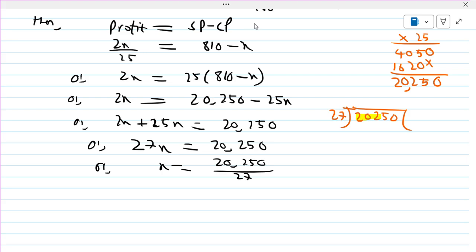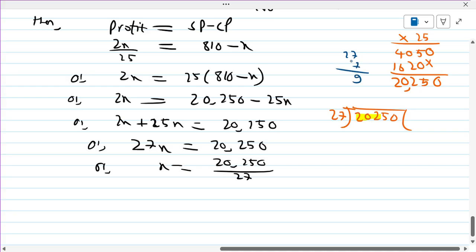All right, so I check over here, 27 into 7 times, 7 7s are 49, and 7 2s are 14, 14 and 4 is 18, 189. So it's going 7 times.